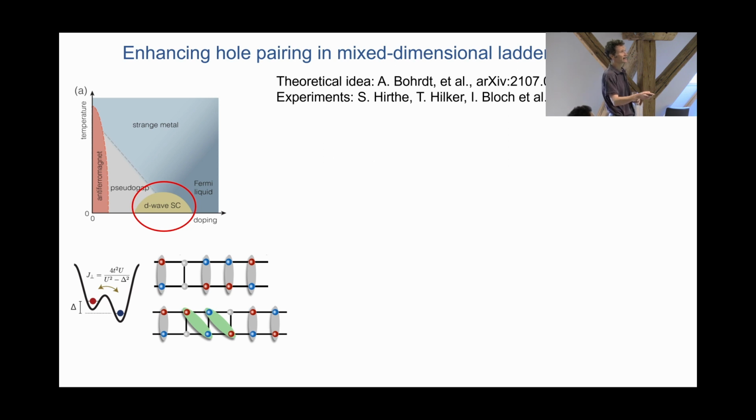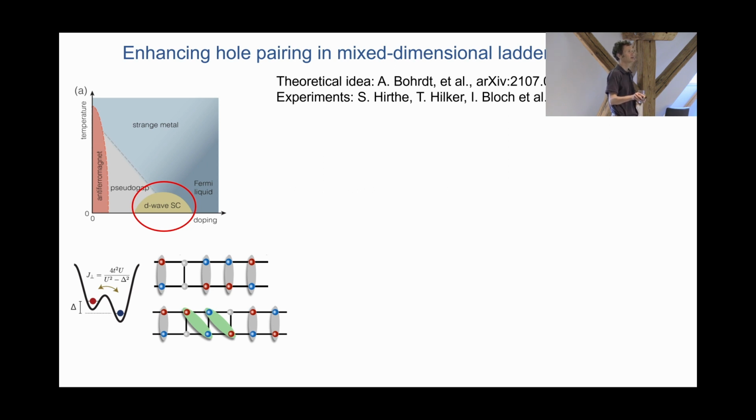The idea for enhancing this type of magnetic pairing really goes to Annabelle and Fabian, and then experiments were done in Munich. So let us consider a simple system, a ladder, and ask what we expect for the correlations when we start doping it. A good caricature of an undoped system is when spins make singlets on the rungs.